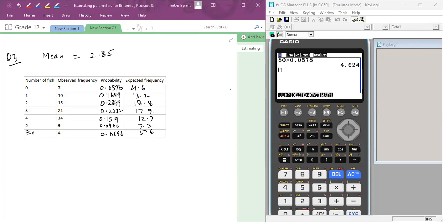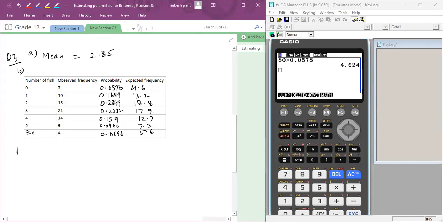Now, as per the question, we have to perform the goodness of fit test, GOF. This was part A, finding the mean. In part B, we have to perform the test. So we will have to write the null and alternative hypotheses.